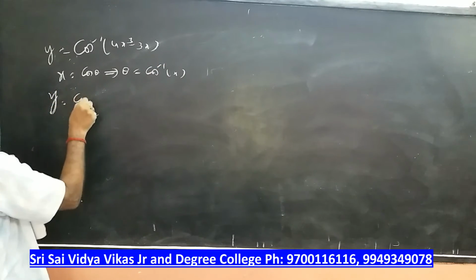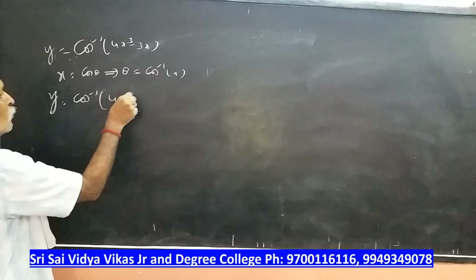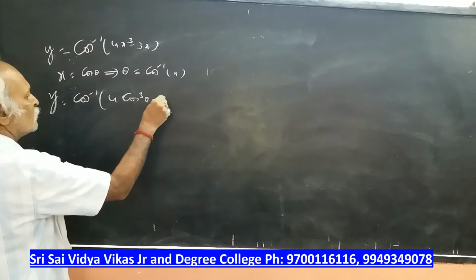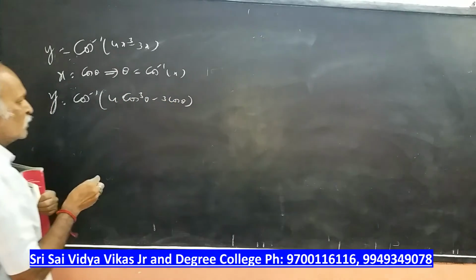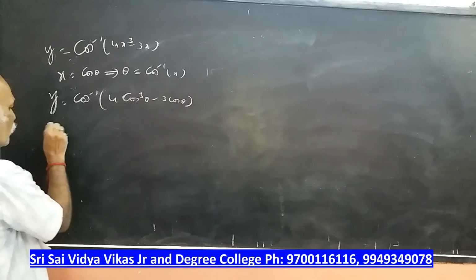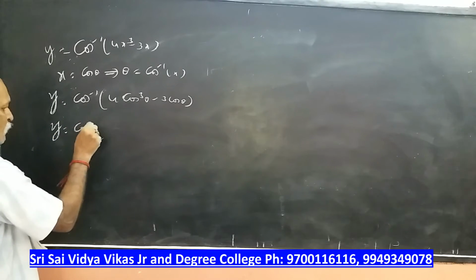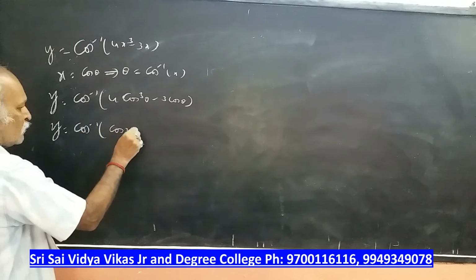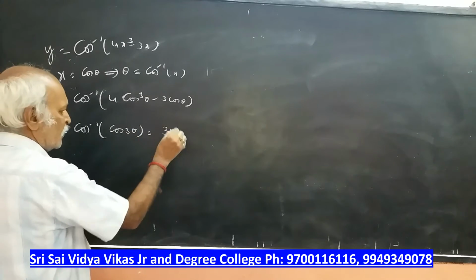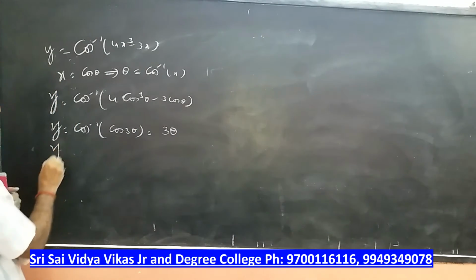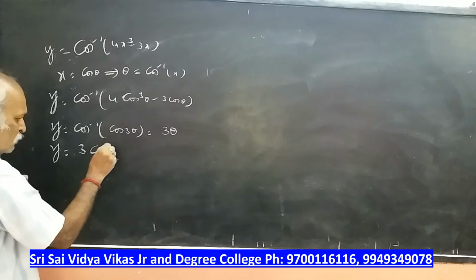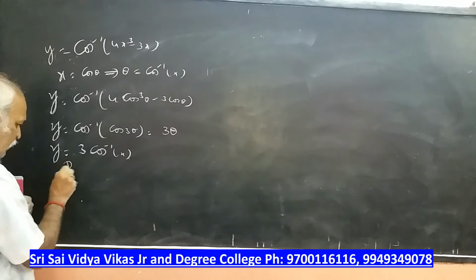So y is equal to cos inverse of 4 cos cube theta minus 3 cos theta. Again, the cos 3 theta formula. Cos 3 theta, which is 3 theta. Therefore, y is equal to 3 into cos inverse x.